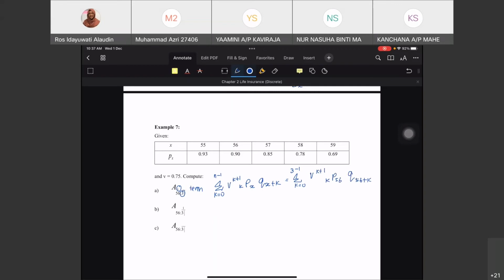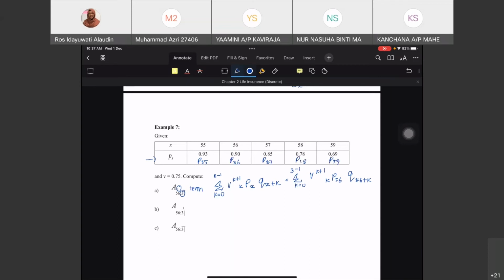Then you can solve this problem. We have the information of the px: this is for p55, p56, p57, p58, and p59.